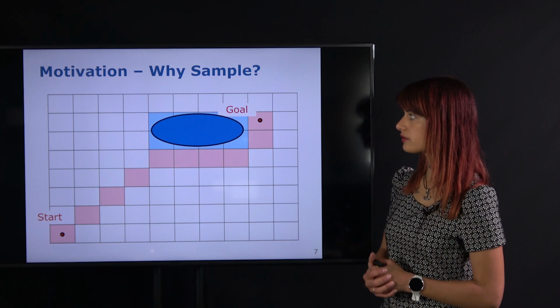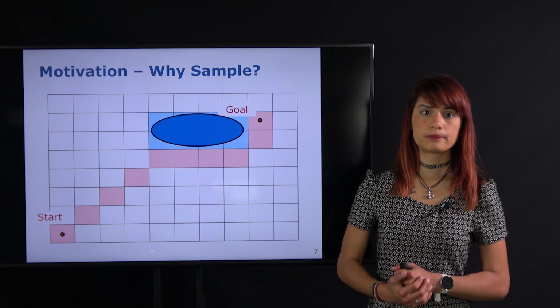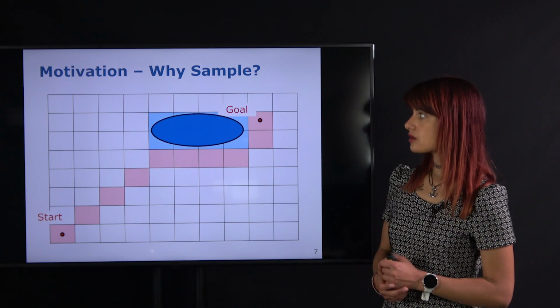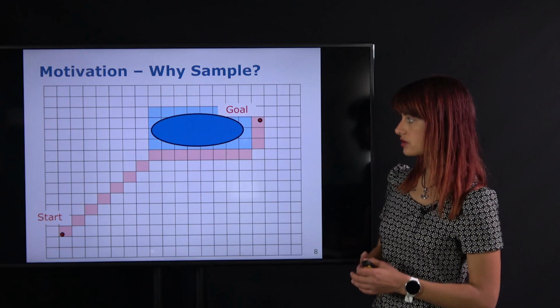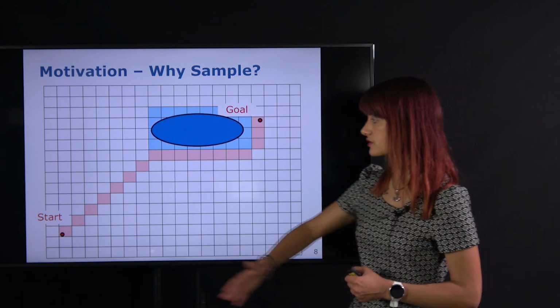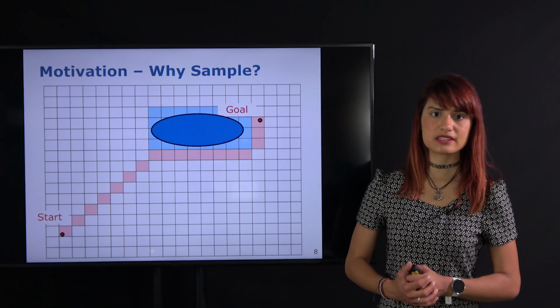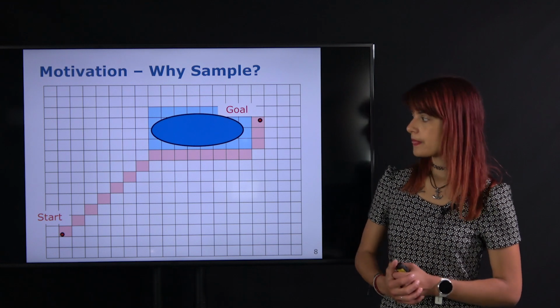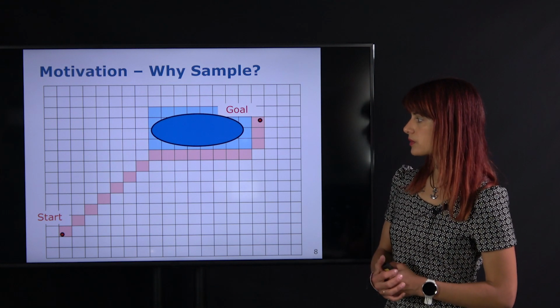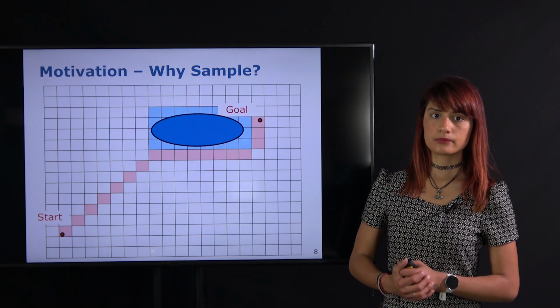That's all well and good for this simple environment with a coarse resolution. But now consider, what if we double the resolution of the search grid on this problem, and our start and goal configurations, as well as our obstacle, remain the same? With a high resolution, we can more finely capture the structure of the environment.